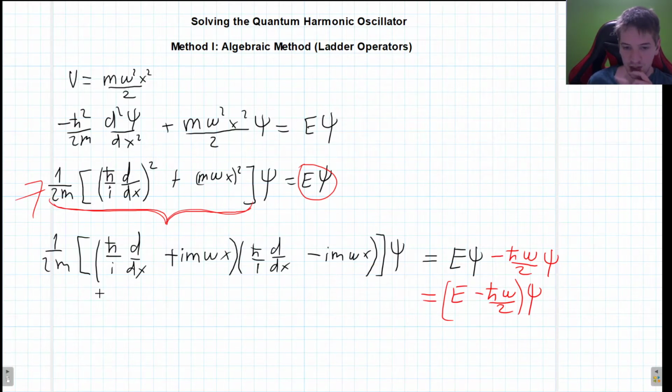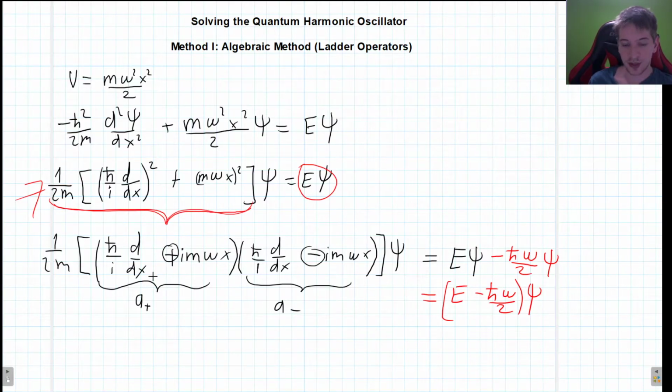So let us now name these things. This right here we will call A plus, and this right here we'll call A minus. Why? Because this has a minus sign and this has a plus sign. Now these are very important operators. In the future you will see that they are called the destruction and creation operators, but for now they are just these operators.